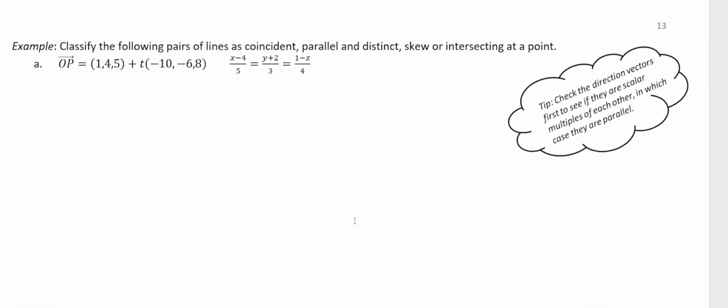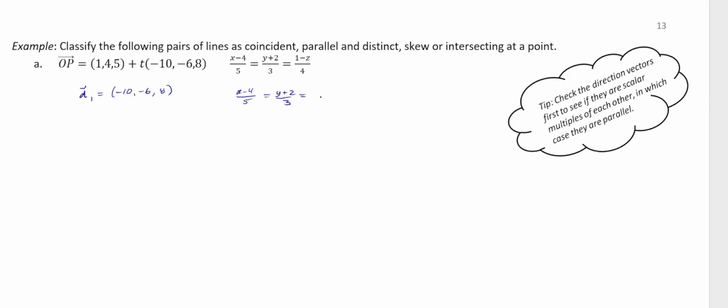Let's check this right here. The first thing I'm going to check is if the lines are parallel. I have my direction vector here, which is easy enough to get for line 1: -10, -6, and 8. Line 2 is a little bit trickier because of the format of the z component. We have x minus 4 over 5 is equal to y plus z over 3.